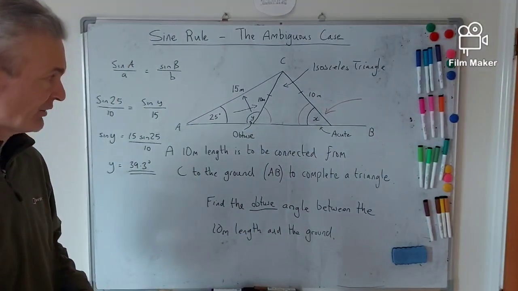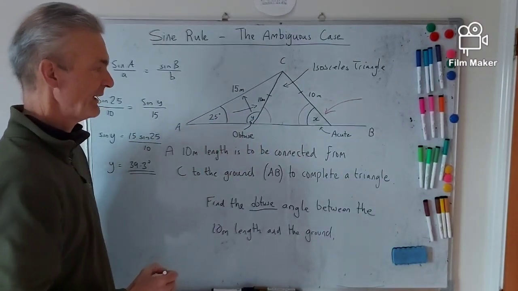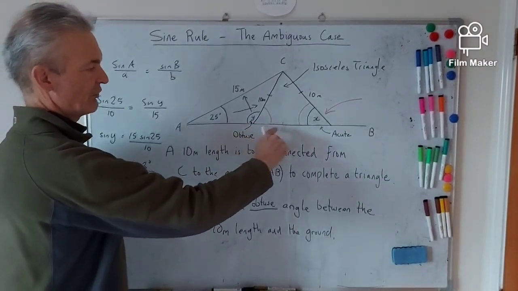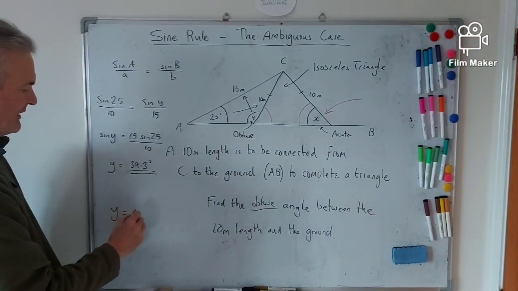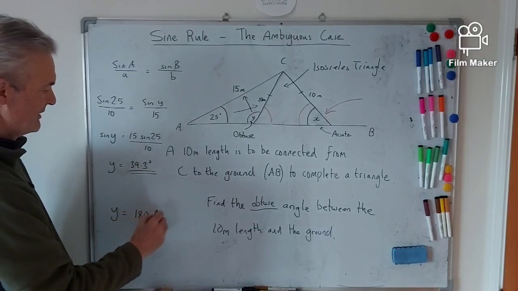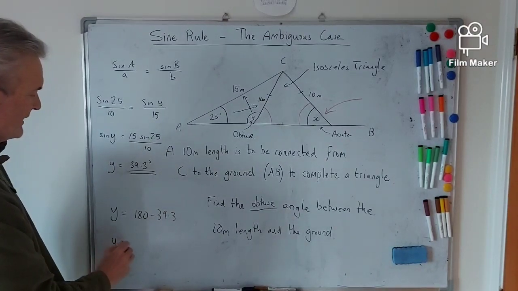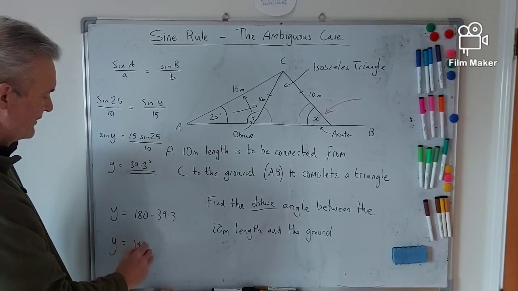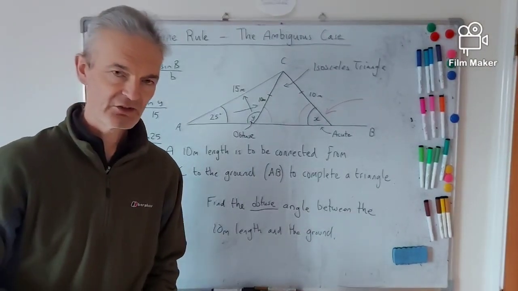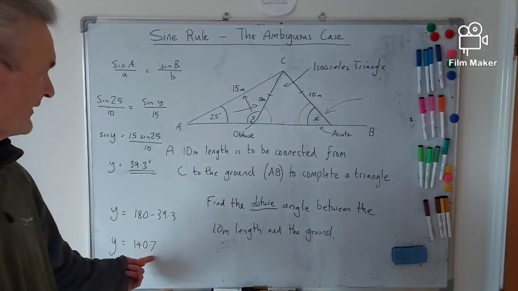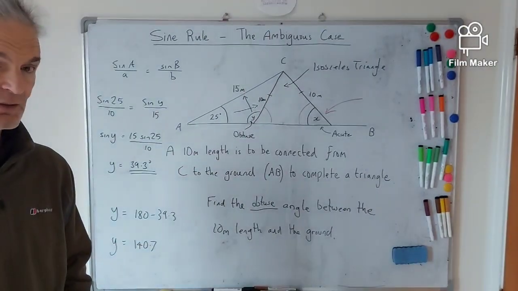So to find the obtuse angle, we've got angles on a straight line, so Y is going to be 180 minus 39.3. That gives you Y equals 140.7. So that's how you use the sine rule to find the obtuse angle.